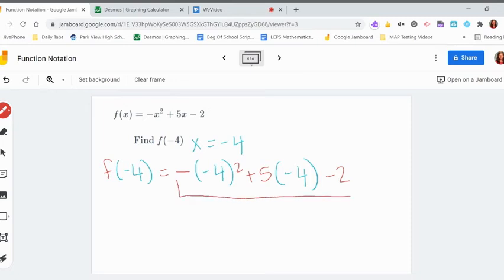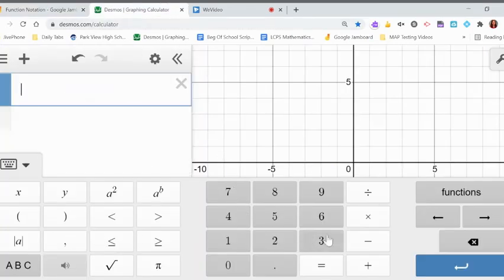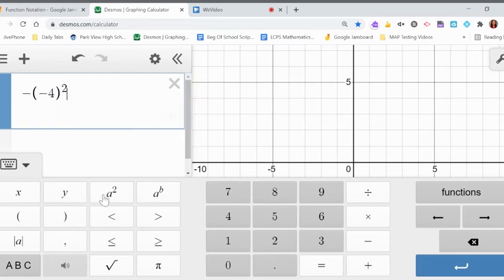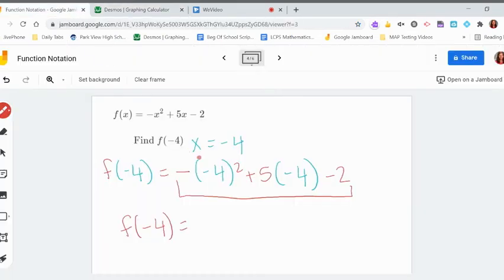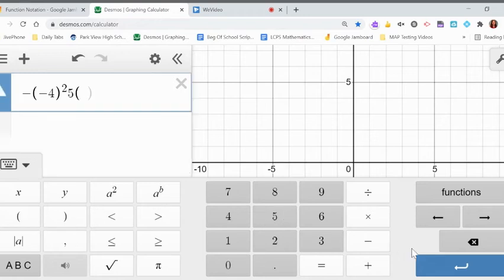Again, I just want this part to put in my calculator. You do not calculate this. We're figuring this out. What is f of negative 4? Well, let's put it in. I get negative, parentheses, negative 4 squared, said plus 5, parentheses, oops, I forgot a plus.